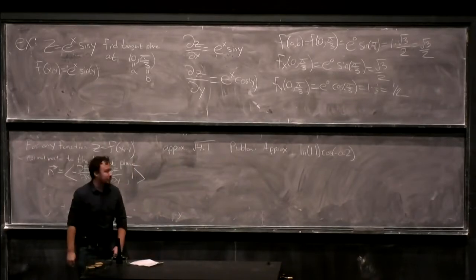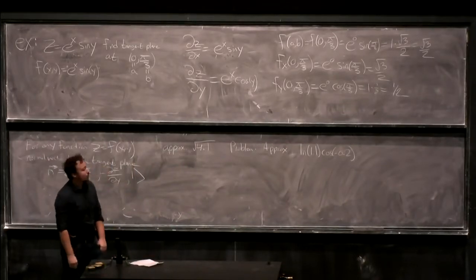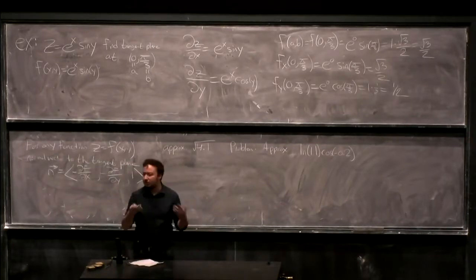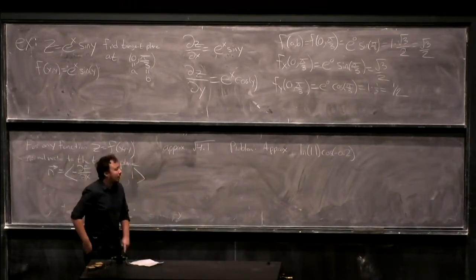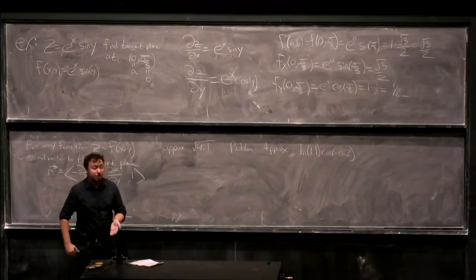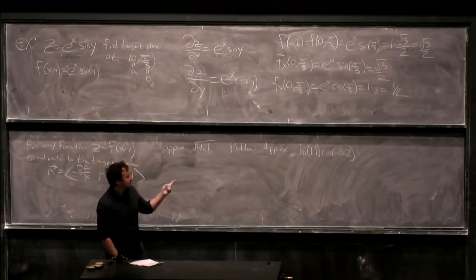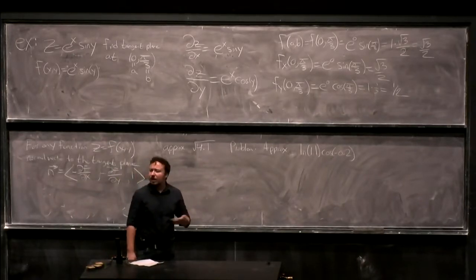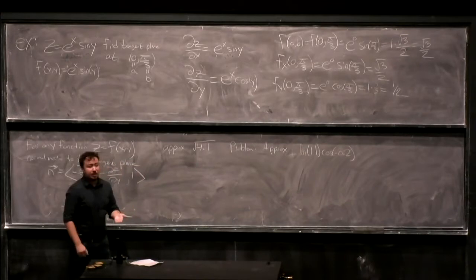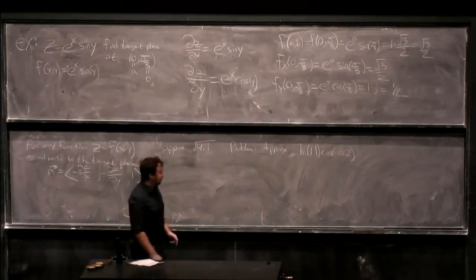I don't know about you guys, but I have no idea what ln of 1.1 is. I have no idea what cosine of negative 0.2 is, let alone having them mashed together. But I do know what ln of 1 is. I know ln of 1 is equal to 0. And I do know what cosine of 0 is, which is nearby negative 0.2. I know cosine of 0 is going to be 1. So I could use that information to help me approximate this.